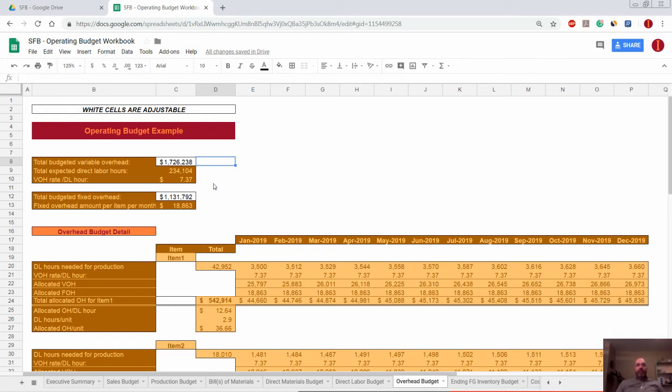I think a lot of the other variable overhead expenses have a very loose correlation. It's a subjective sort of thing though. Some people might see it differently.